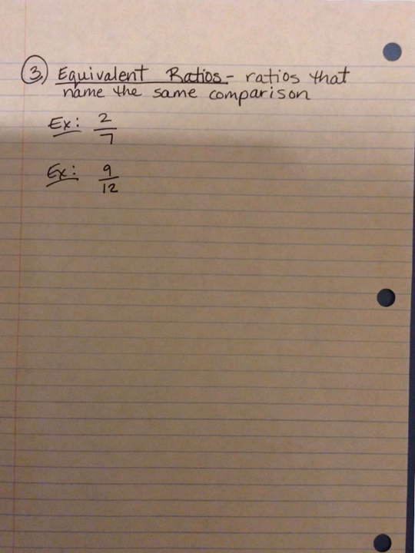So if I have the fraction 2/7, one way that I can find an equivalent ratio is by multiplying the top and bottom by the same number. So if you think of a ratio as a fraction, because that's what it is, when I'm looking for an equivalent ratio, I'm going to be looking for an equivalent fraction. Okay, so if I have 2/7, I can multiply the numerator and the denominator by the same number to get an equivalent fraction or an equivalent ratio.